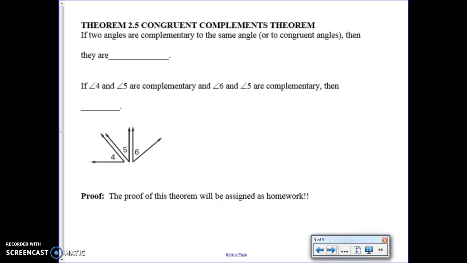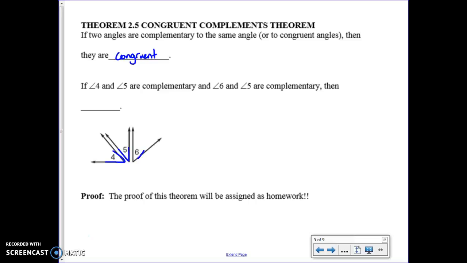The congruent complements theorem is very similar. It says if two angles are complementary to the same angle or to congruent angles, then they are congruent. So same process here. Angle 4 and angle 5 add up to 90 degrees.